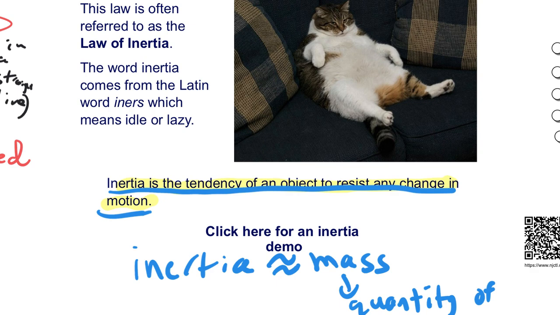The quantity of matter. Okay, so if you have a lot of mass, like this fat cat, it's going to be hard to push you around if you're moving. If that fat cat was running and I tried to stop him, it would be difficult to stop him.